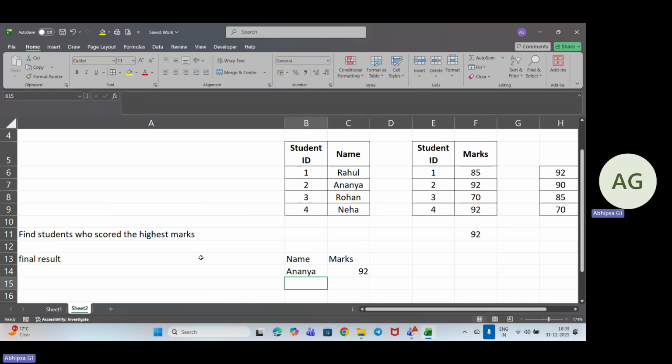Coming down here, we will be having Neha with the marks as 92. So step one is the subquery and step two is the main query. Here, the subquery is finding the highest mark, and my main query is to find the student who has got the highest mark. So this is all about a subquery.